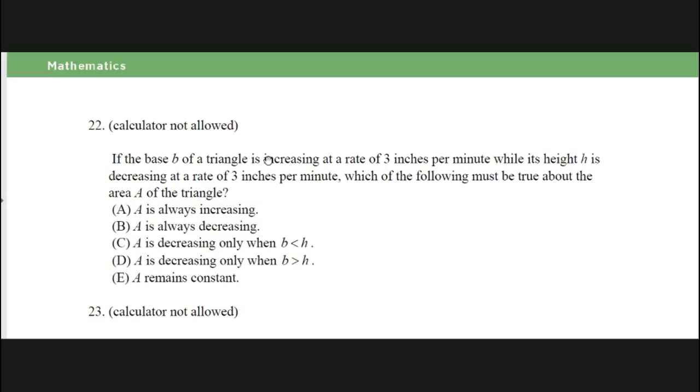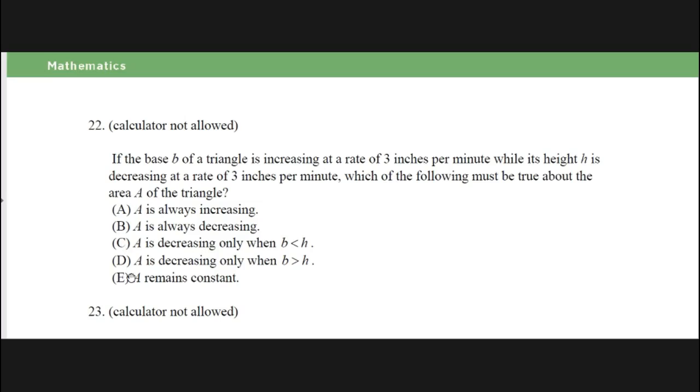Well, if the base is increasing and the height is decreasing, and they're increasing and decreasing at the same rate, the area would not always be increasing or always decreasing because these are opposing in signs.